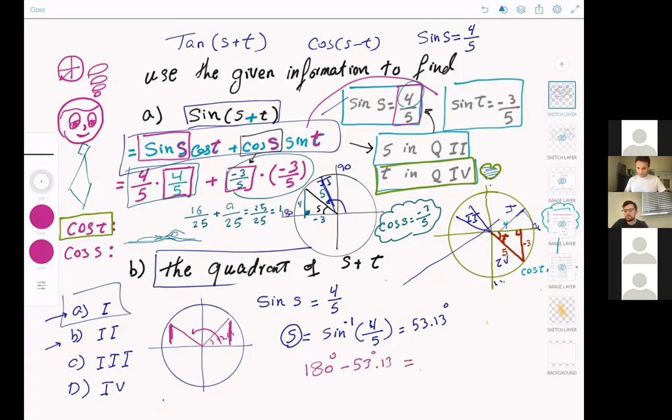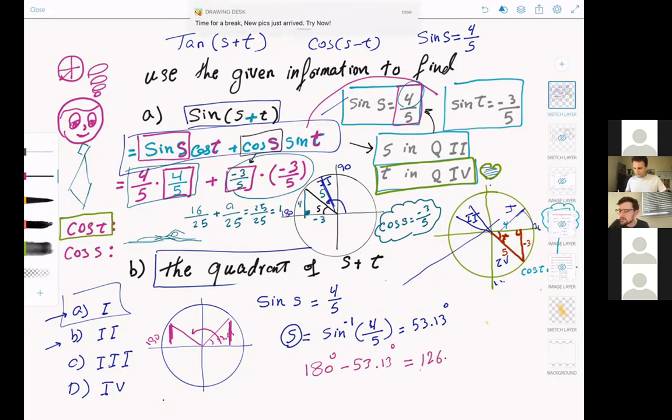So you need to subtract from 180. What is 180 minus 53.13? 126.87. Yeah, that's correct. So this is our S.